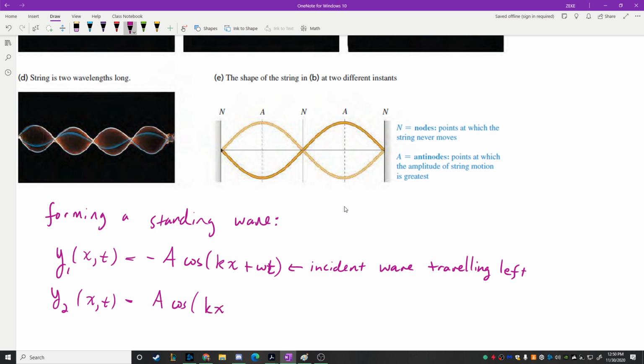So to make it travel to the right, we just put kx minus omega t. This is going to be our reflected wave. Technically, they're both going to reflect, so which is incident and which is reflected is important. But the point is that they need to be 180 degrees out of phase, right? One has to flip, right?